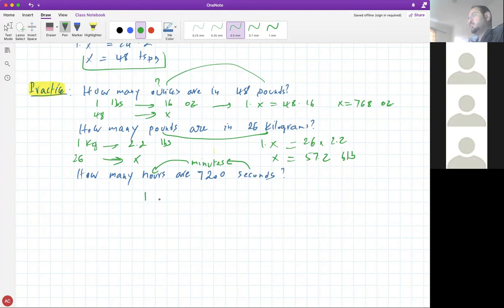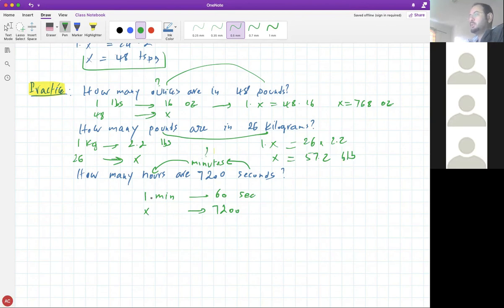So 1 minute is 60 seconds. But here we have 7,200 seconds. So I'm going to put seconds here, and the X goes here. We're looking for minutes first.